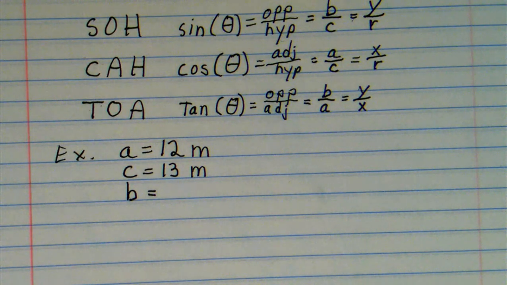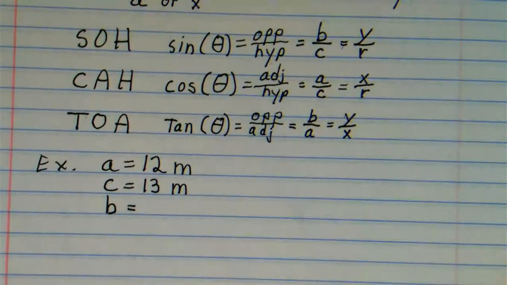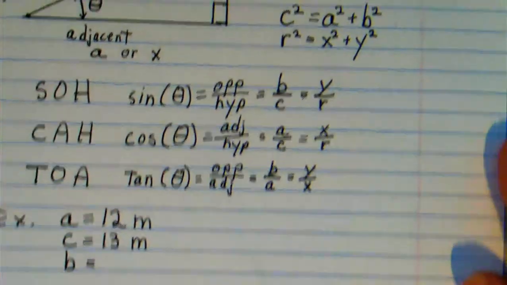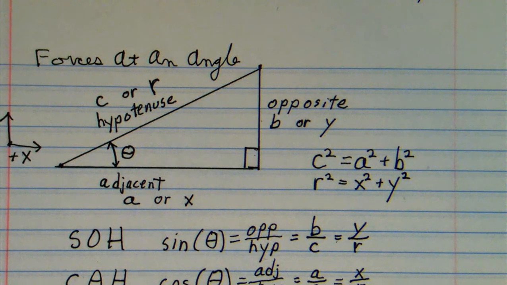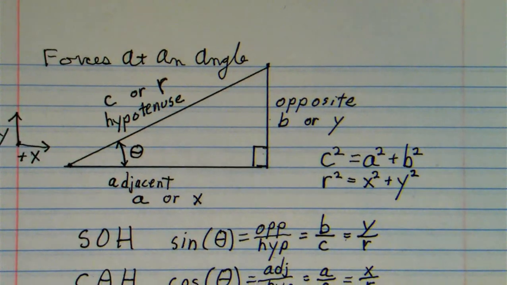In principle, this is a math review question, and I don't even need to tell you how to go find B. I will say the way to do it is currently being displayed.